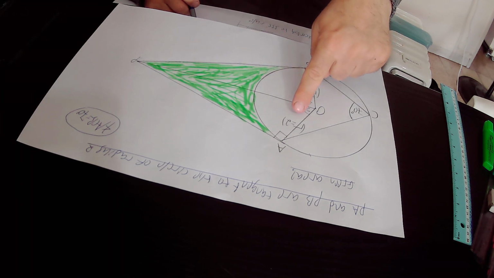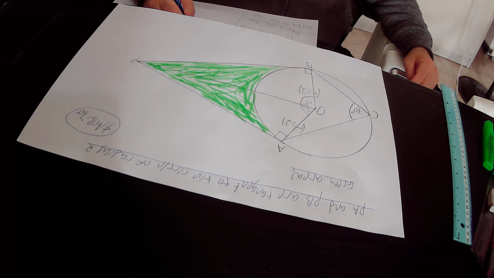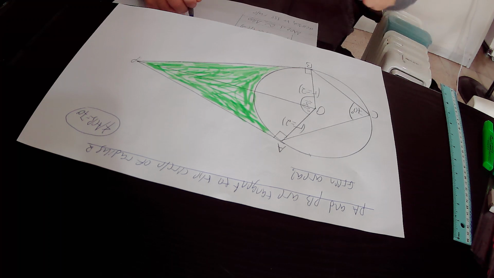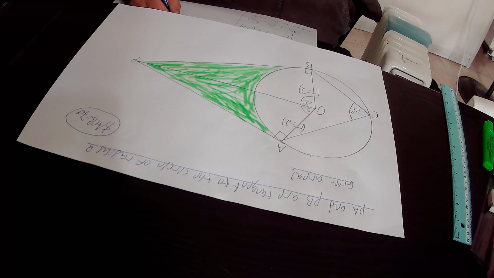So this is angle AOP in the right upper triangle AOP, and it is equal to this angle. This is actually angle BOP in the right lower triangle BOP.